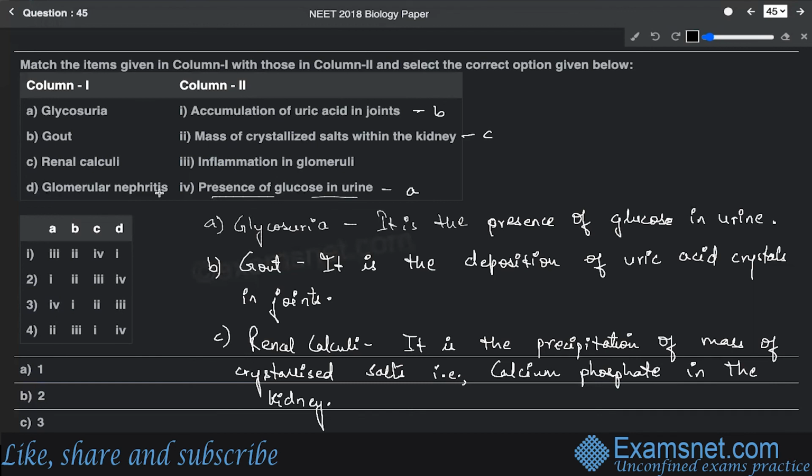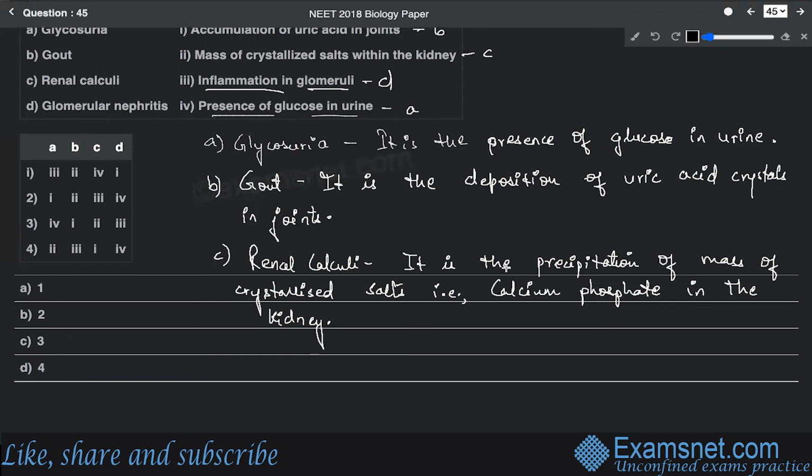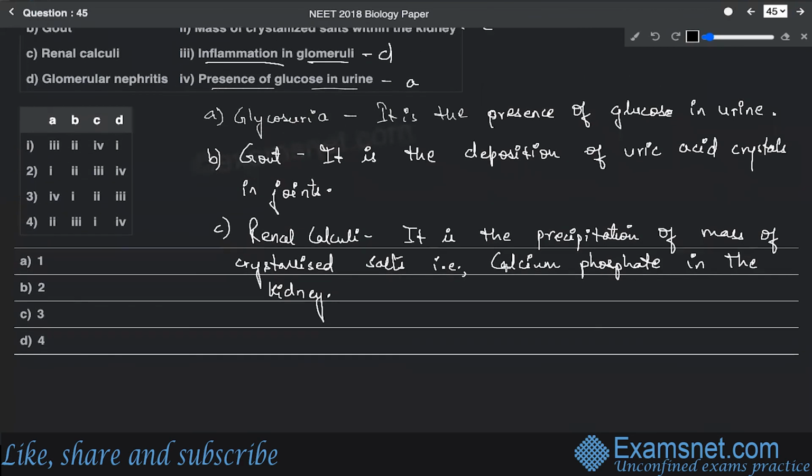And the last is glomerular nephritis, which is a process in which there is inflammation that occurs in the glomerulus. All right. And this is because of two important conditions, that is proteinuria and hematuria. So it is because of the proteinuria and hematuria that there is deposition or inflammation in the glomerulus. So the D is glomerular nephritis.